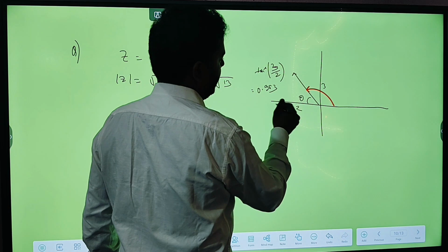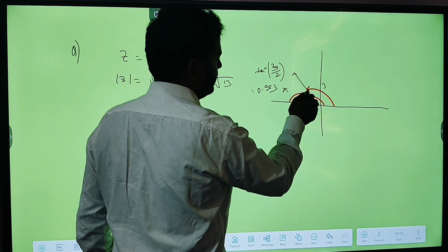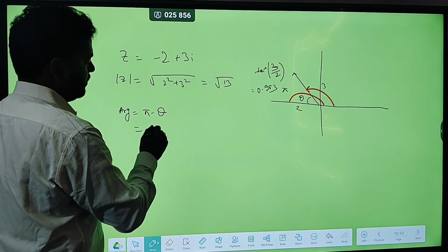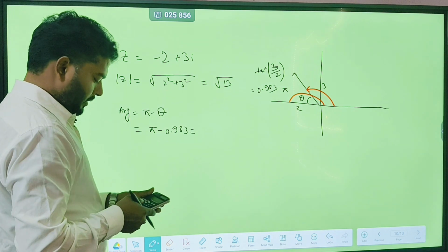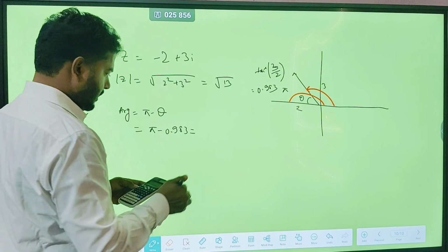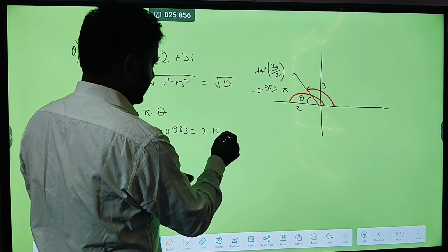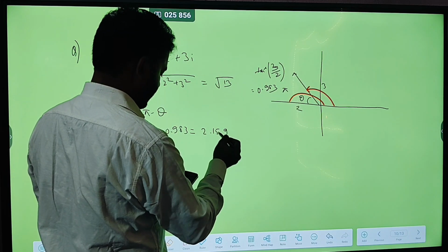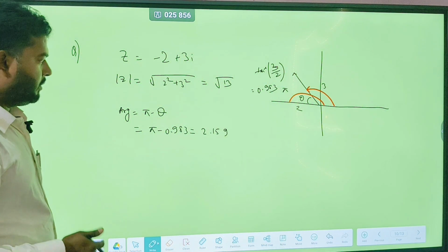So our principal argument will be this. The total angle here is pi, and from this we'll subtract theta. So the argument is pi minus theta, pi minus 0.983. If we do pi minus the answer, it's coming as 2.159. So 2.159 will be the argument.